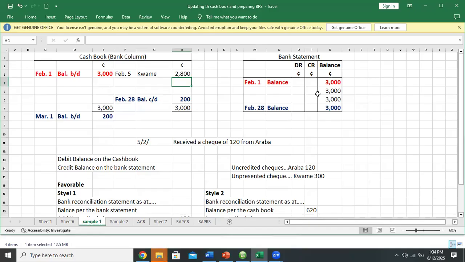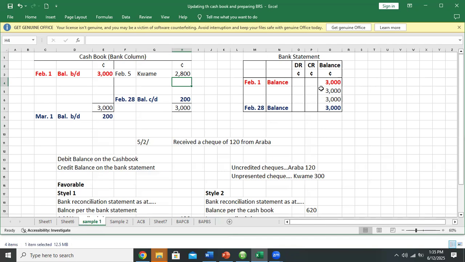So when you do the investigation, you realize that the money you paid to Kwame, which is the 2,800, the bank or MTN has not deducted it. That is why your balance on your Momo statement is 3,000. And sometimes it can happen that you even did the transaction, but because of network, it didn't go through, but you thought it has gone through.